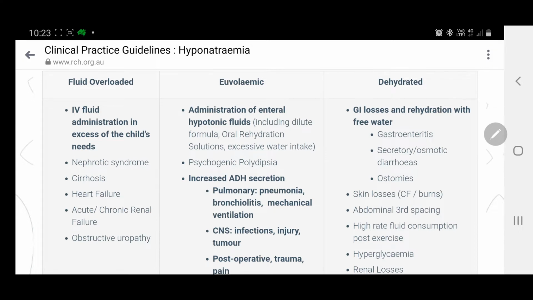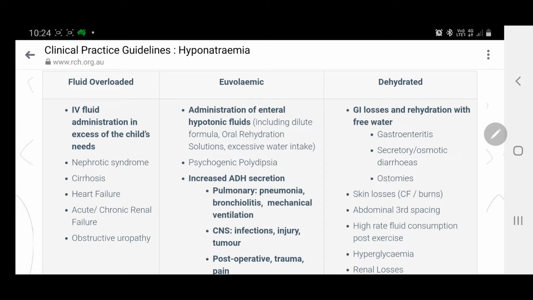Now for euvolemic hyponatremia: administration of enteral hypotonic fluids, including dilute formula, oral rehydration solutions, and excessive water intake. The second cause is psychogenic polydipsia. The third is increased ADH secretion.